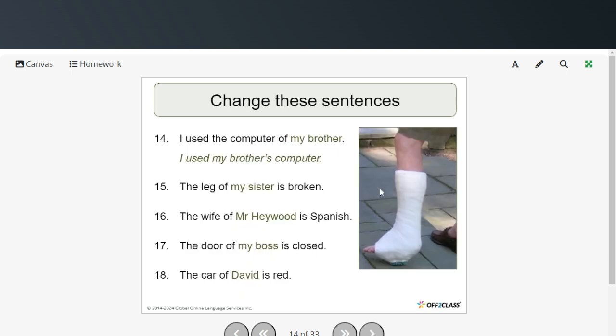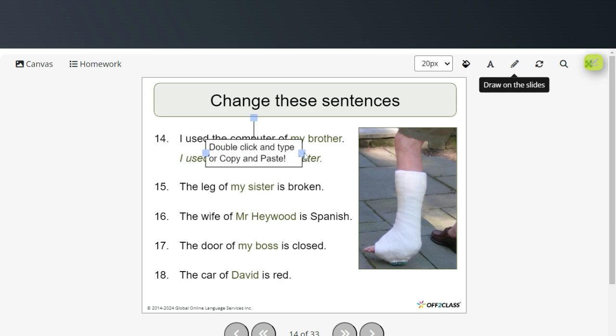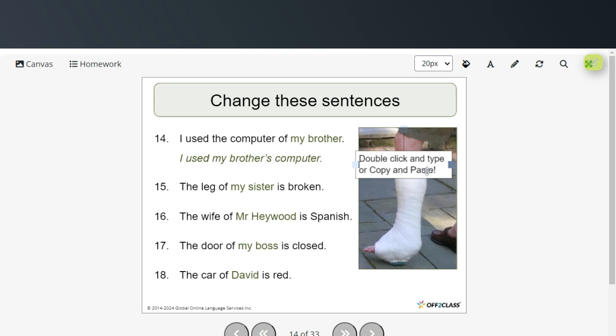All right, so now you're going to try to change these sentences using the apostrophe S. So, the computer of my brother would become: I use my brother's computer. Try the rest of these on your own, and then restart when you're ready to check your answers.